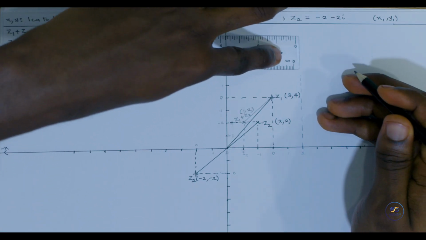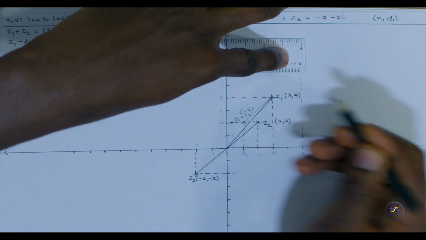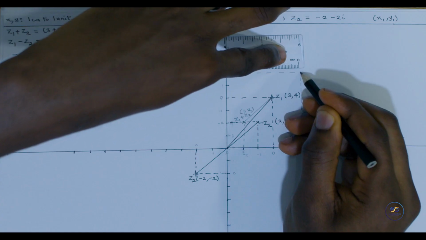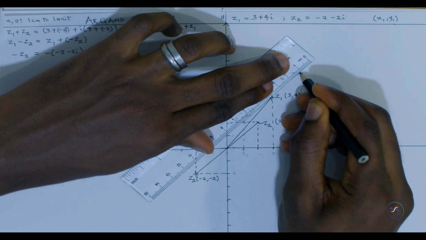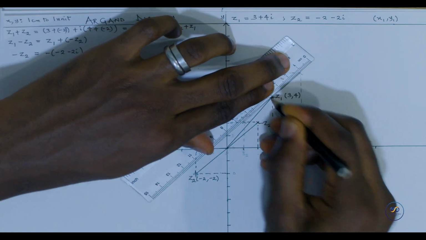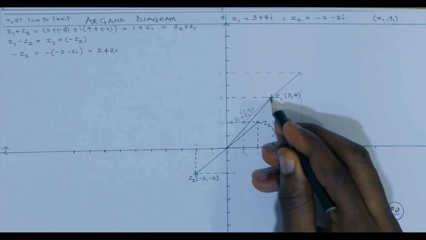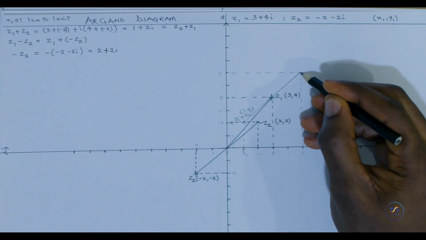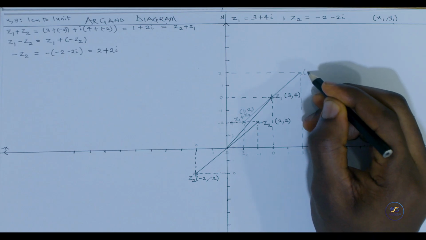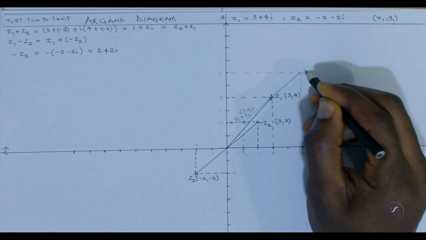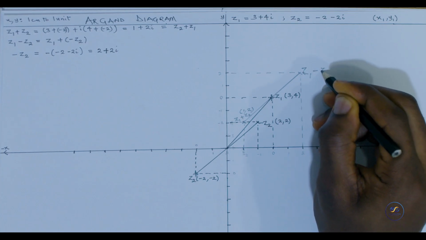And then on this side, here we go. And then connecting it directly on Z1. So from the origin to Z1 and then from Z1 to minus Z2, this point here will now be Z1 minus Z2.